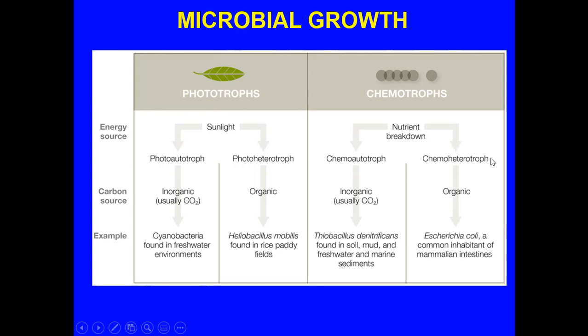Now, chemoheterotroph, hetero should tell you right off the bat, other sources. And so with Escherichia coli, it's going to get organic carbon sources, glucose, for example, things like that. It's a common inhabitant in mammalian intestines.